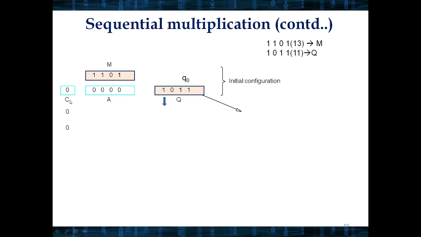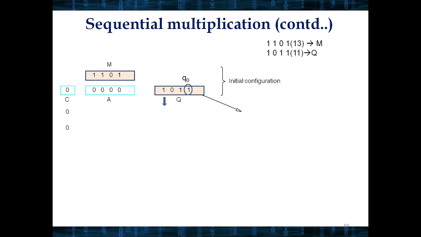Initially the carry register and register A will hold zeros. So this is the initial configuration: carry and A initialized to 0, register M with the multiplicand, and Q with the multiplier.